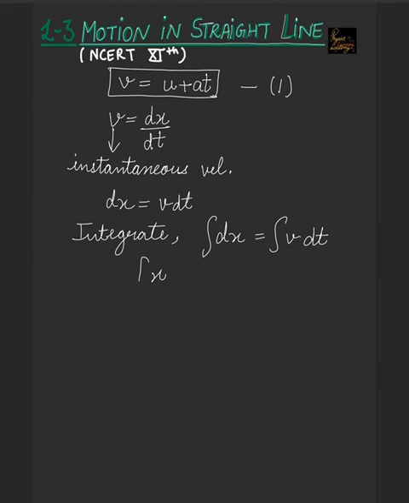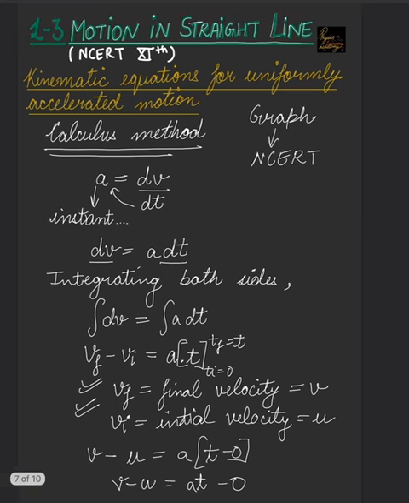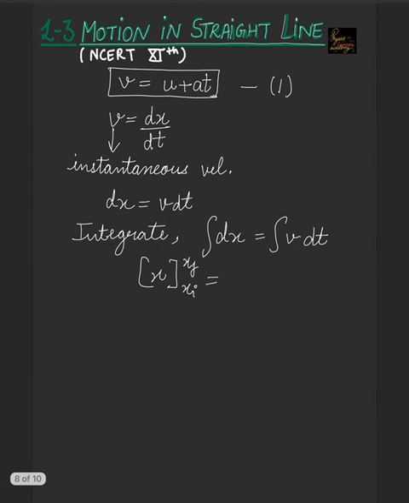x, xf and xi. This is the initial one, this is the final value of x. v is constant as compared to t, is it? Can we write v constant? No, here we had a is constant, but v is not constant. v is what?